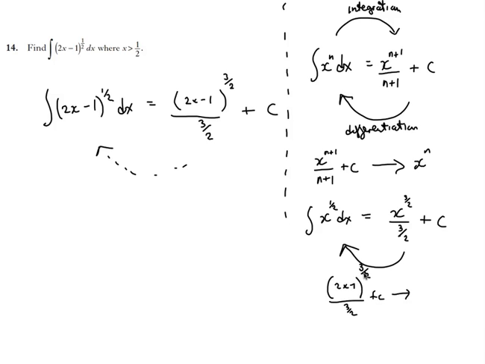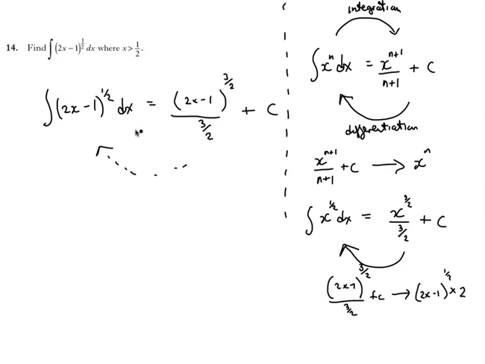So if we differentiated this, the 3 over 2 appears at the front, which then cancels with the 3 over 2, leaving you 2x minus 1 to the 1 less than this 3 halves. Take 2 halves away, you get 1 half. But because that's not an x, differentiating, there's the chain rule, and we have to then multiply by whatever we get when we differentiate 2x minus 1, which is a 2.